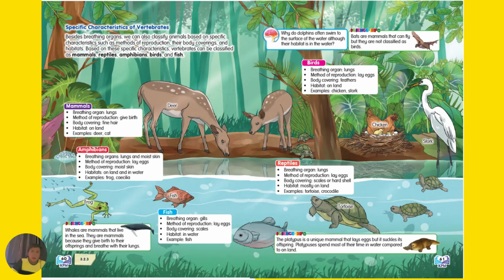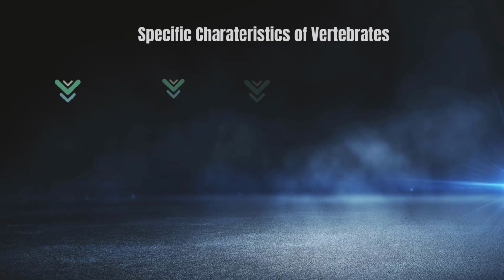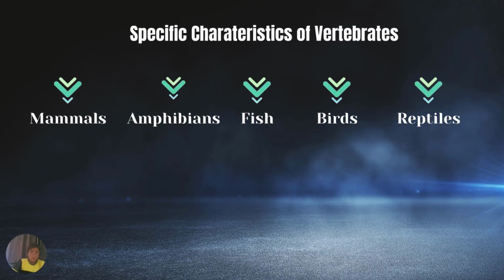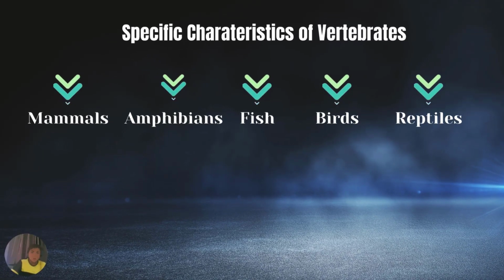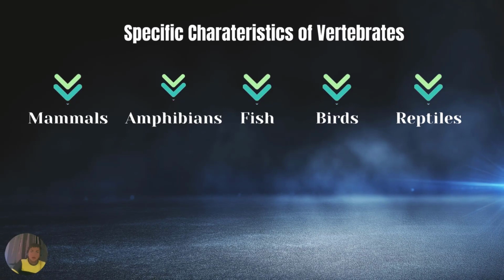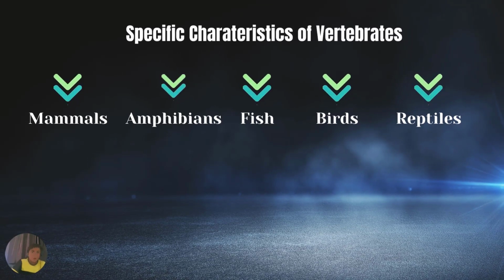Korang kena ingat. Okay, before I end the class, I just want you to remember all the specific characteristics of vertebrates. There are mammals, amphibians, fish, birds, and reptiles. Okay, for mammals, what are the specific characteristics? For amphibian, for fish, for birds, for reptiles, please remember.